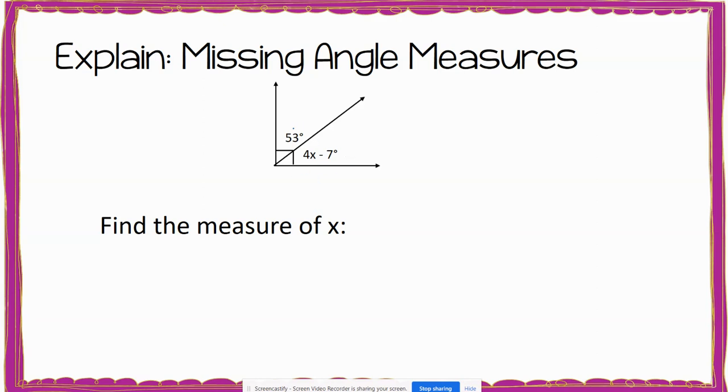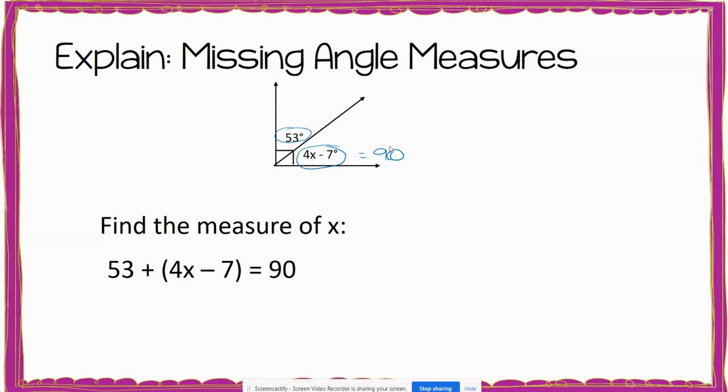Or I could know that if I add this to this, I'm going to get a total of 90 degrees, and I could put that together and make an equation and solve that. Either way would be acceptable here. So what I did was added 53 plus 4x minus 7 to get 90.